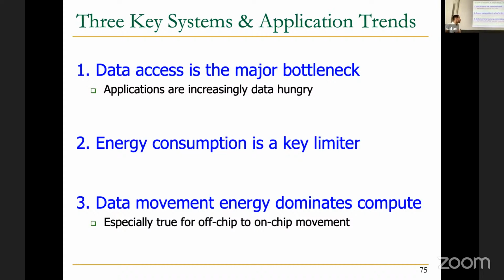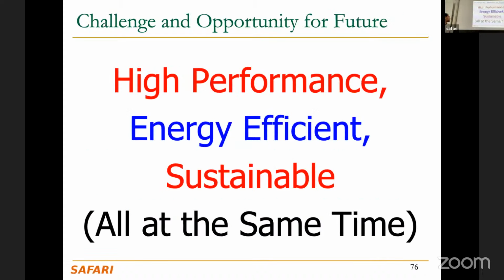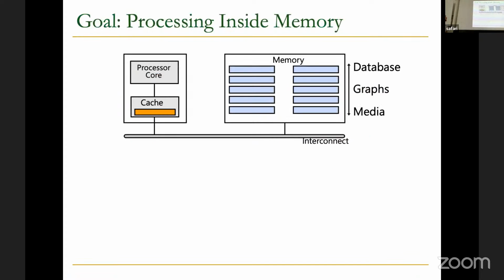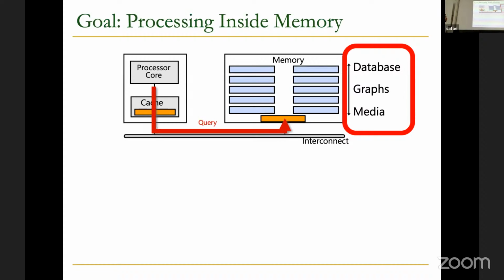So going back to the memory-centric architectures, again, what we want is a system that is high performance, energy efficient, and sustainable all at the same time. And to do that, we are going to design systems where computation is done where the data resides. Our goal here is to query my memory device.